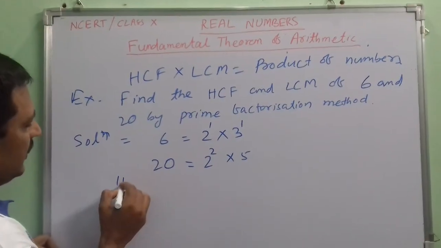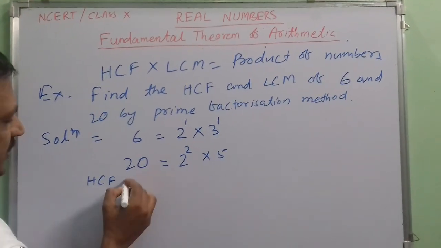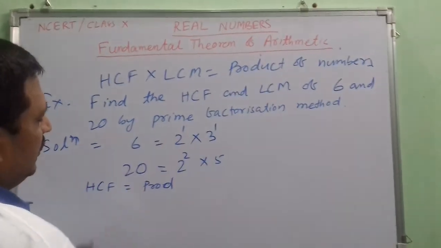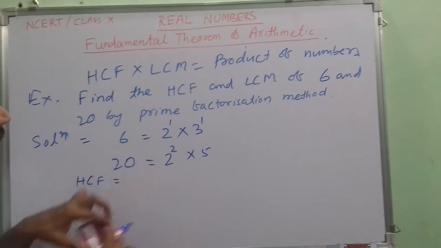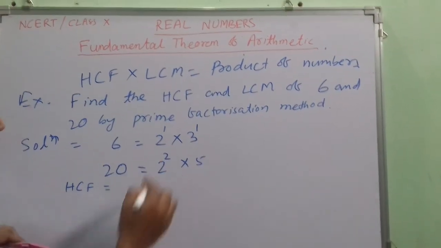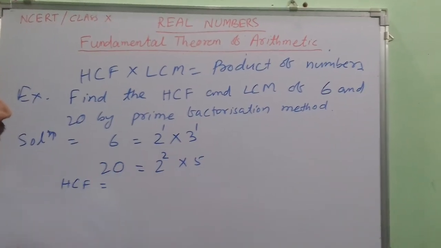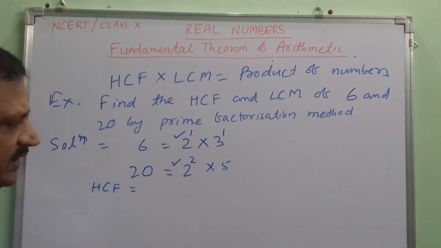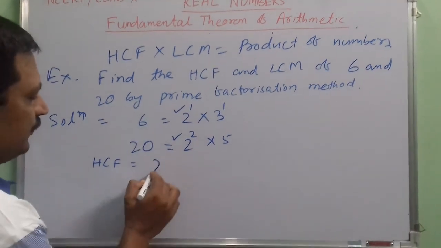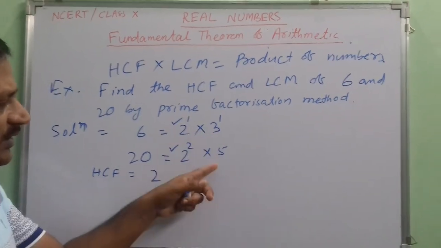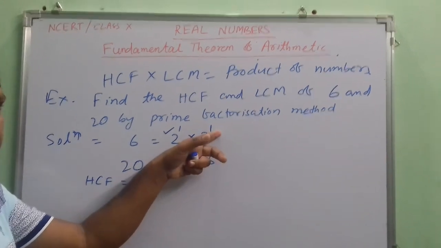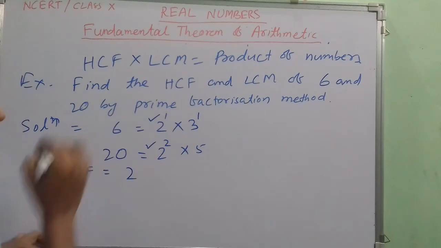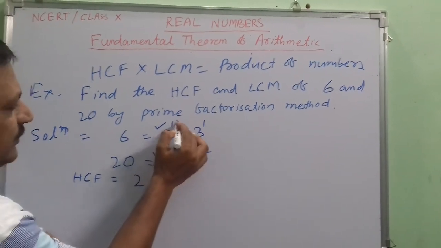Now HCF. HCF means what? We can say it is the product of the smallest exponents, the smallest powers. Here we have 2 and here we have 2 square, so the smaller one is 2. And 3 is not in both and 5 is not in both. So the common factor here is 2 and the smaller exponent is 1.